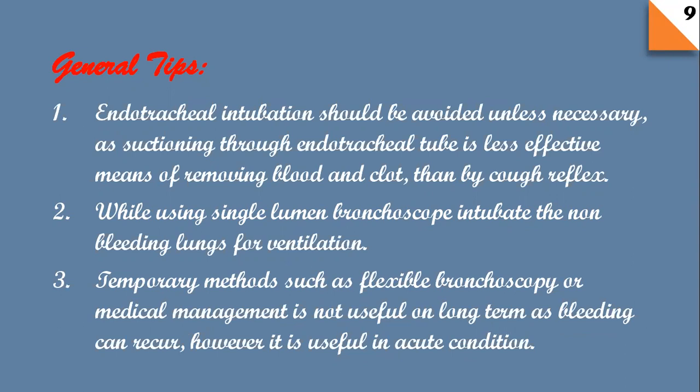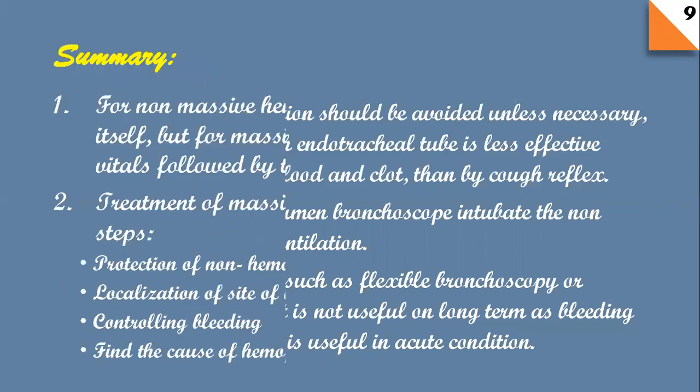And temporary methods such as flexible bronchoscopy or medical management such as tranexamic acid or terlipressin are not quite useful on a long-term basis because bleeding can reoccur. However, they are quite important in cases of acute bleeding to control the bleeding for a given time till we could perform other permanent methods.